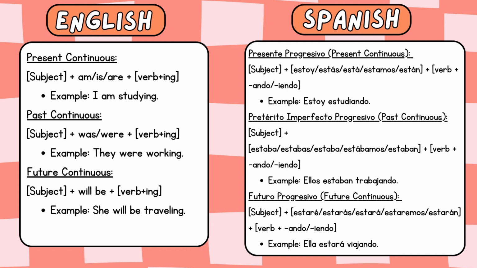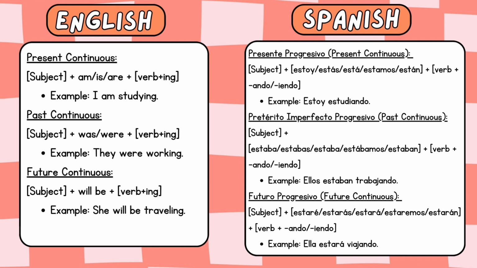Then we have pretérito imperfecto progresivo, which will be the equivalent for the past continuous. We also have the subject plus estaba, estabas, estaba, estábamos, estaban, plus the verb with its suffix ando or iendo. An example would be ellos estaban trabajando.